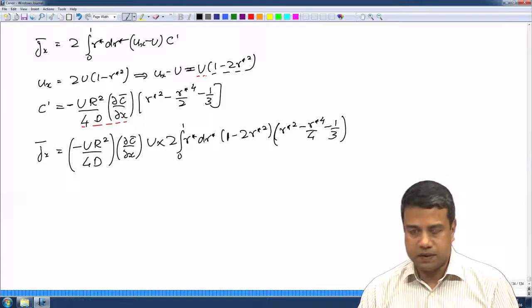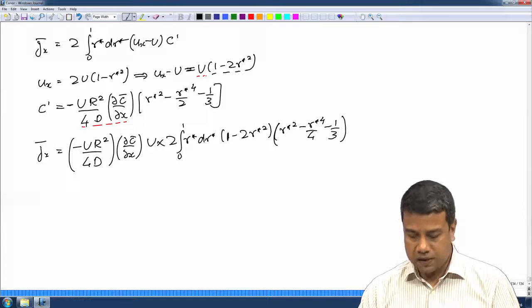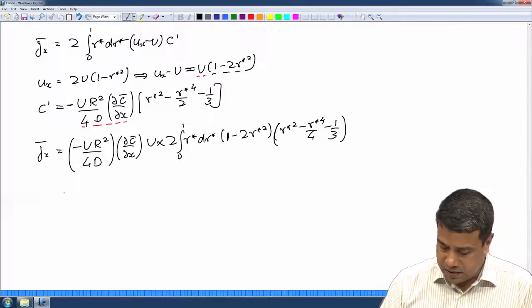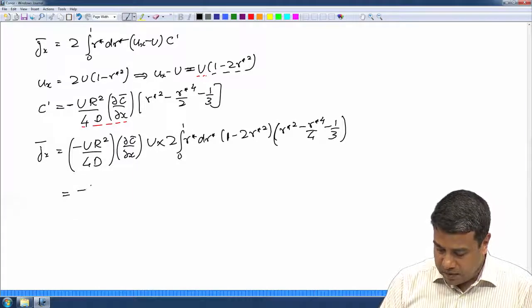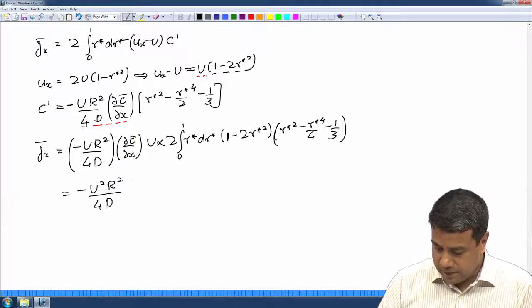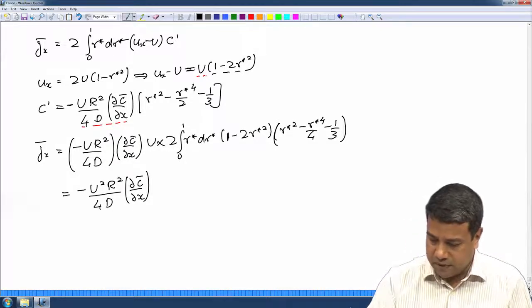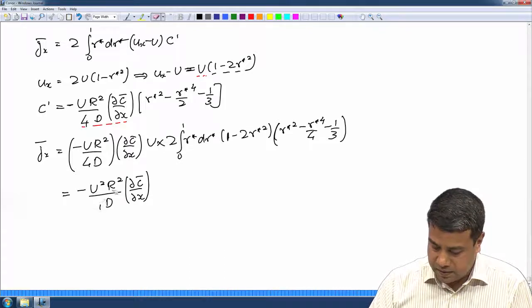You can just multiply these two, integrate them, and quite easily you will get the result as minus u square r square by 48 d partial c by partial x. I am sorry, 48 here.